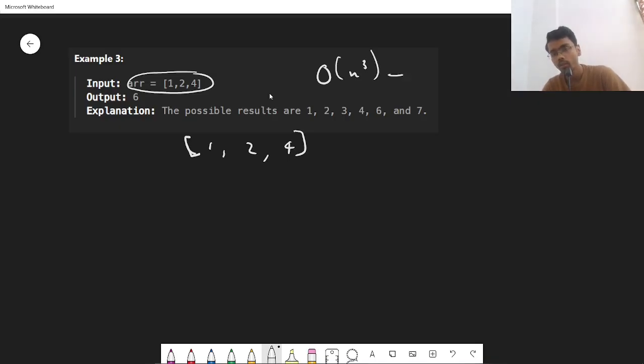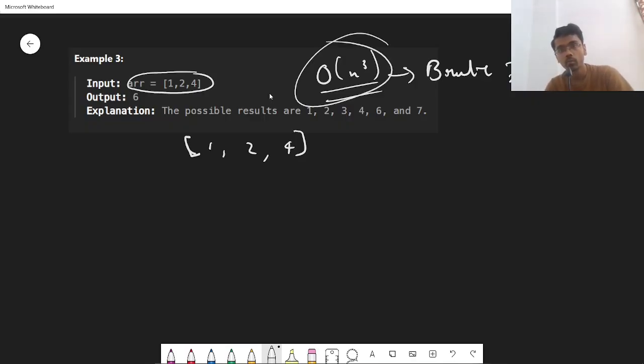I'm not going to explain the brute force approach, but you will check all the subarrays, take bitwise OR of that and store it in some answer, and then return the length of that answer. This was the brute force.